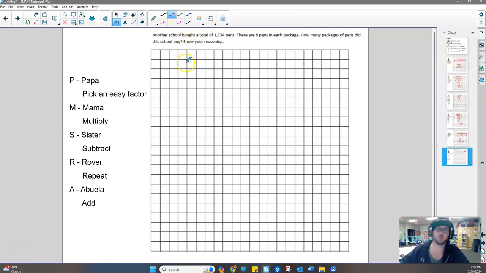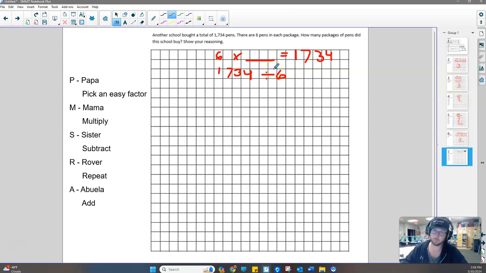So really, what this is asking us is 6 multiplied by what equals 1,734. Now, we remember that our opposite of multiplication is division, so this would be 1,734 divided by 6.